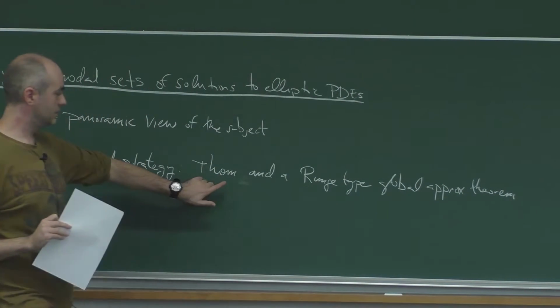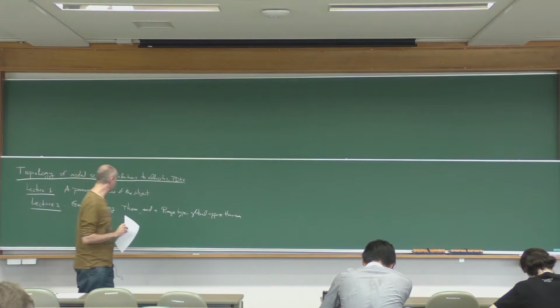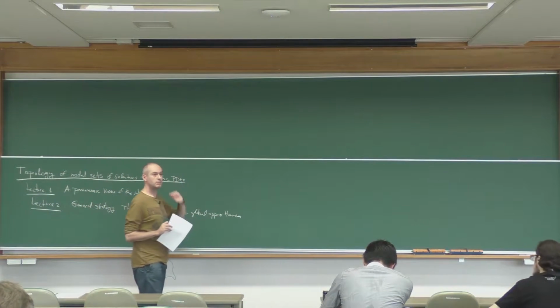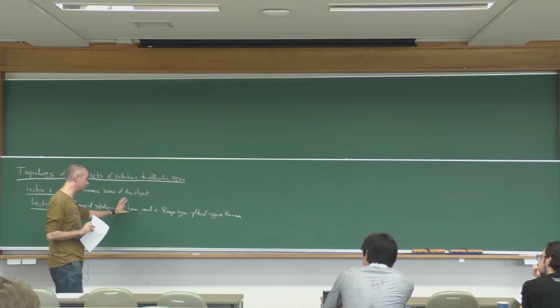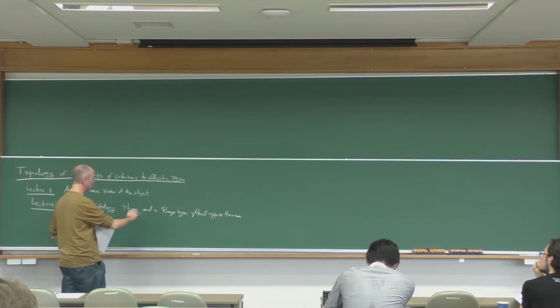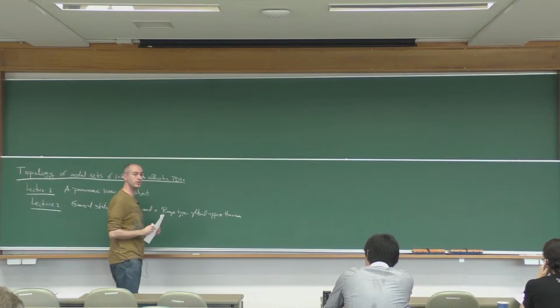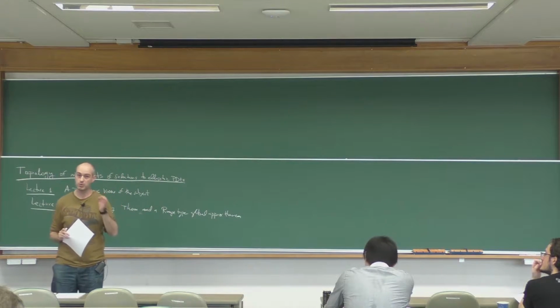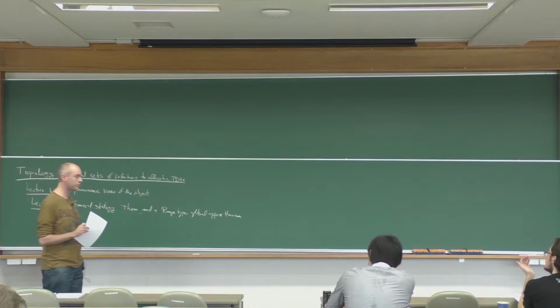So this theorem by Thom is something which is well known in differential topology, but it's not been widely used in PDEs. So I'll introduce just a statement, not the proof, although it's not very hard. And I state a global approximation theorem for a very particular PDE, although the statement holds in a much broader context.